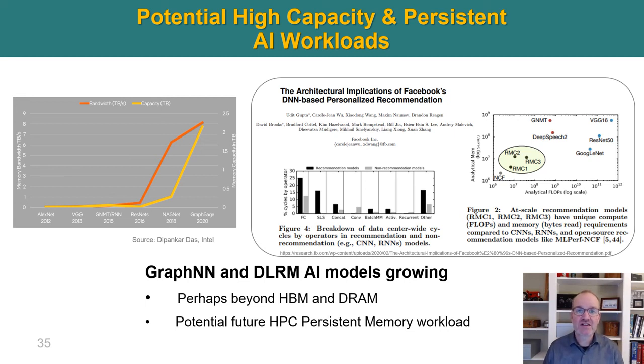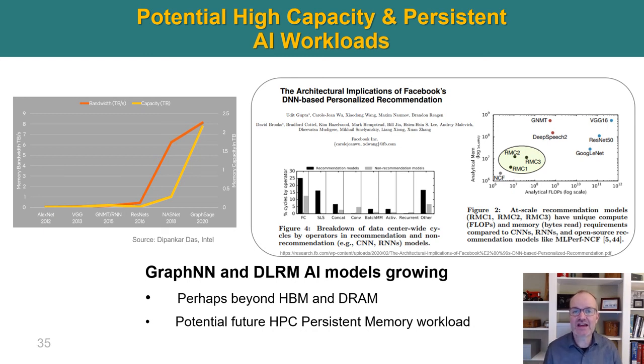In fact, their compute to memory capacity ratio is much lower, meaning they need more memory for the same amount of compute. And some of these workloads, say graph neural networks, are growing very large in size. You can see that on the left-hand side. That's actually the chart that I already showed you earlier in the presentation.